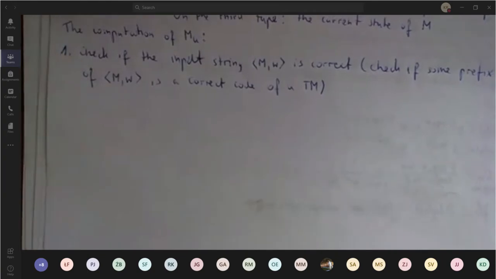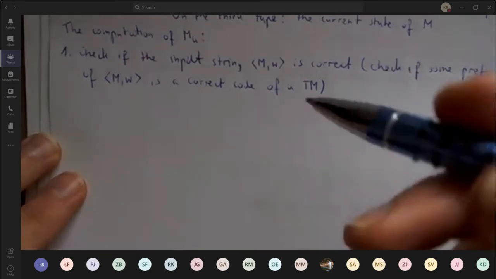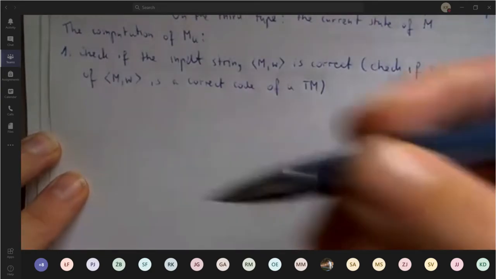So we have a non-deterministic choice here, the partition of the input string into two strings, and if for any non-deterministic choice the answer is yes, then MU accepts. But we can also check all possibilities with a deterministic Turing machine.